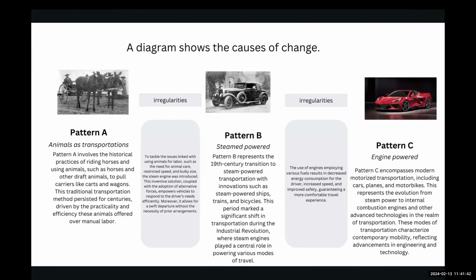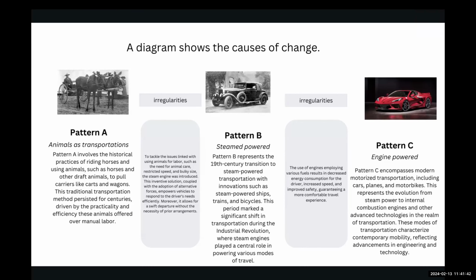The irregularities are the use of engines employing various fuels, resulting in decreased energy consumption for the driver, increased speed, and improved safety, guaranteeing a more comfortable travel experience. Pattern C is engine-powered vehicles, like modern vehicles, motorbikes, cars, planes.